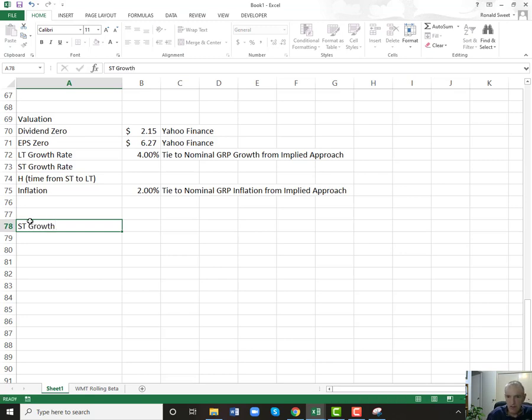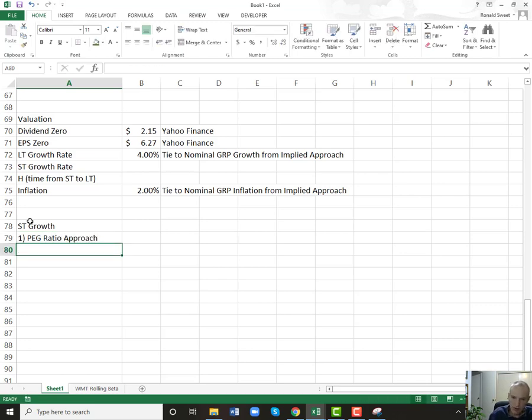So as we talked in the notes and in class, there's 3 approaches. The first one is the PEG ratio approach.